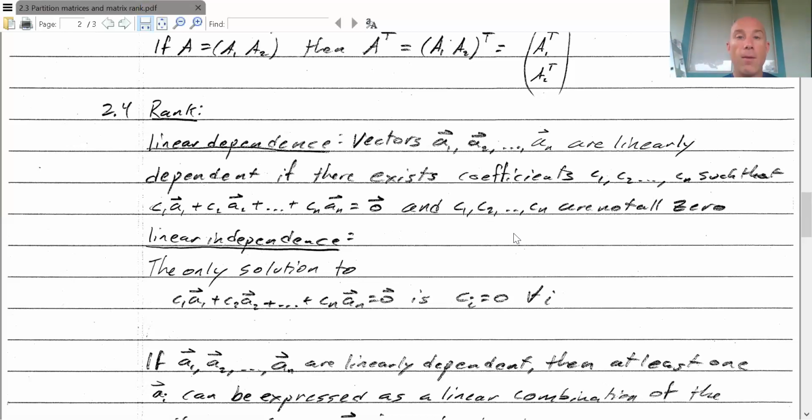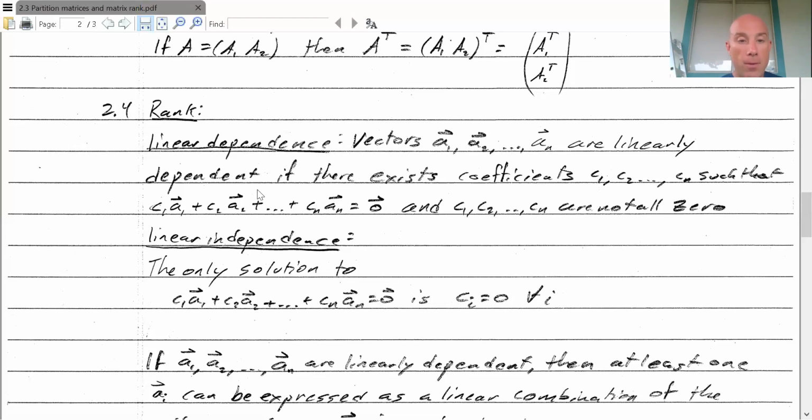Okay, this is going to take a few times to reiterate. There exist coefficients such that the linear combination is 0, but the coefficients are not all equal to 0. That means one or more is not 0.